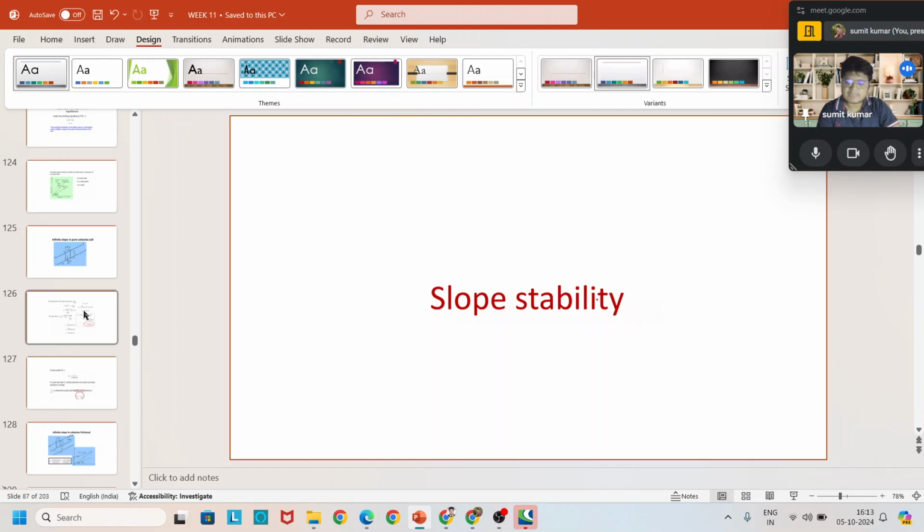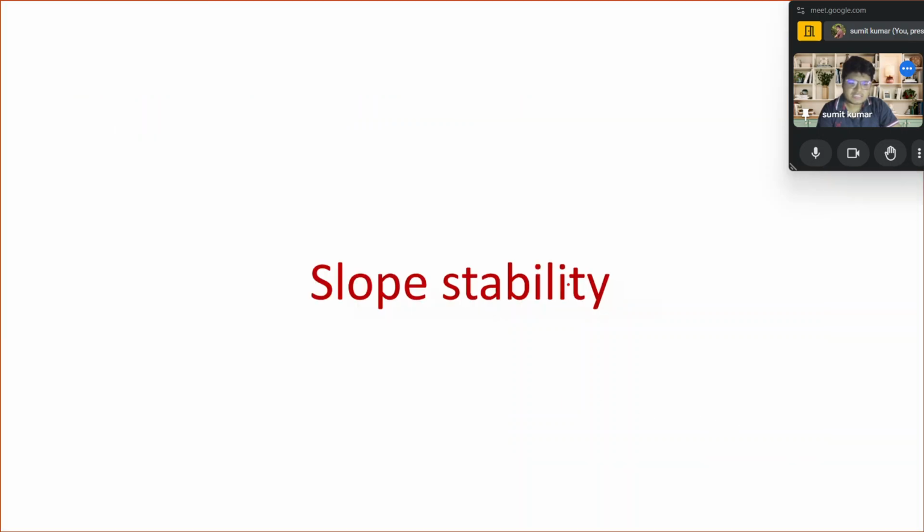So we are specifically focusing on the infinite slope rather than the finite slope during this session, because a lot of the natural slopes which we come across in real life are infinite slopes. The finite slope should also be there, but we'll take that in further lectures.